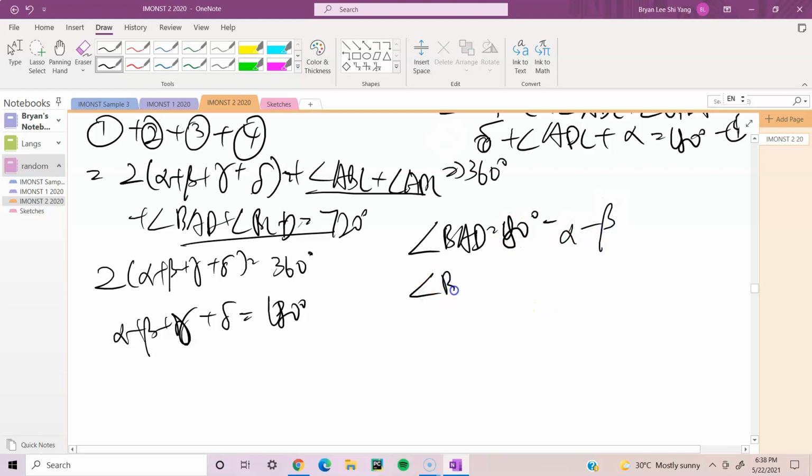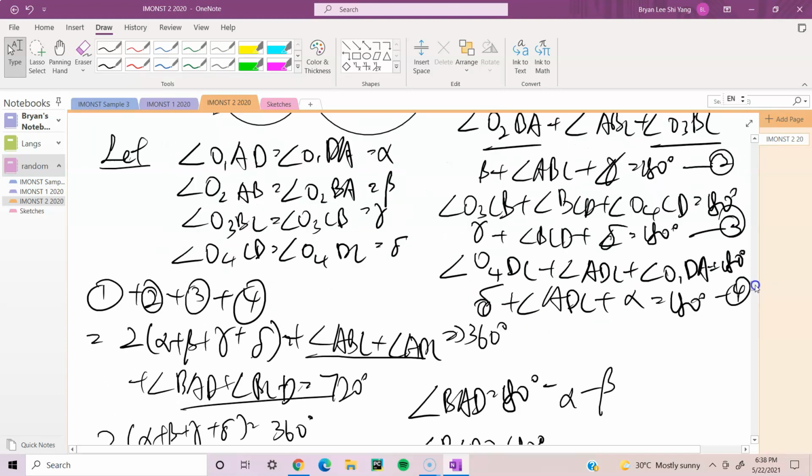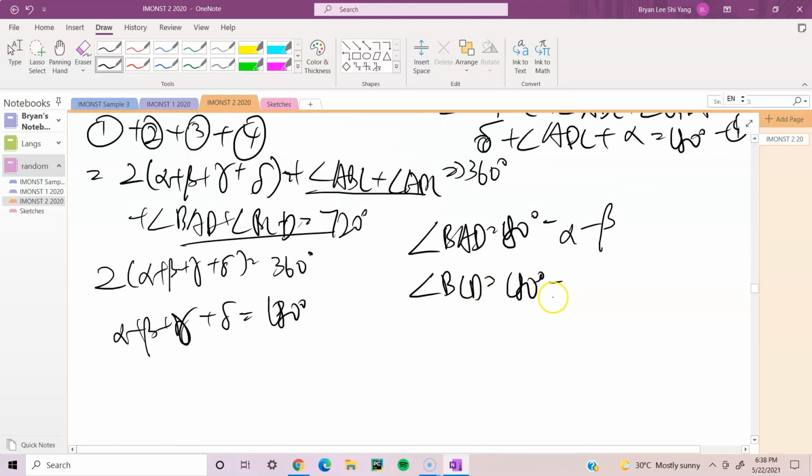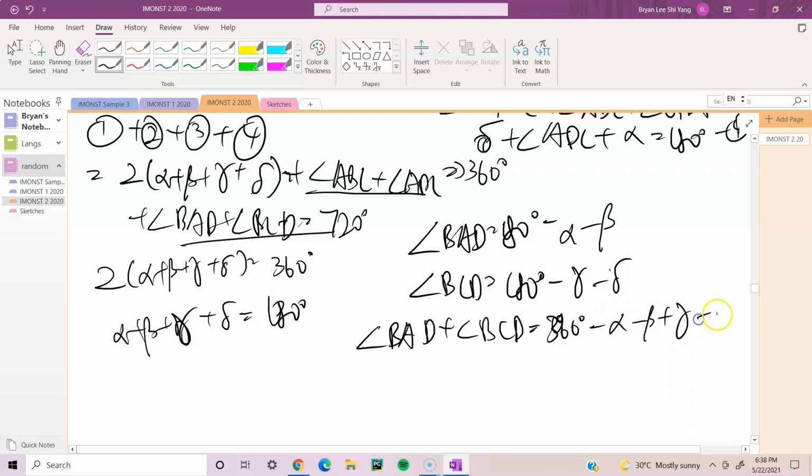And then angle BCD is 180 degrees minus, sorry, I need to move up again. Angle BCD equals 180 degrees minus gamma minus delta. So we see that these two opposite angles add up together. BAD plus BCD equals 360 minus alpha minus beta minus gamma minus delta. Okay, so all 4 of these add up to 180 degrees, right? So this is 180 degrees itself.